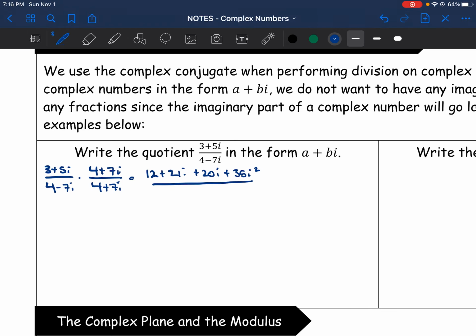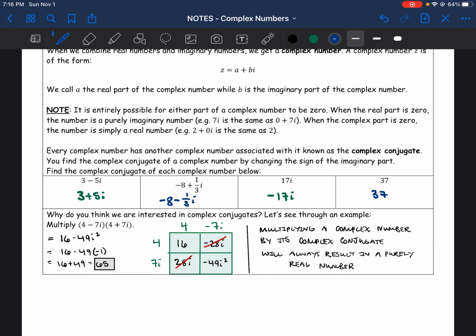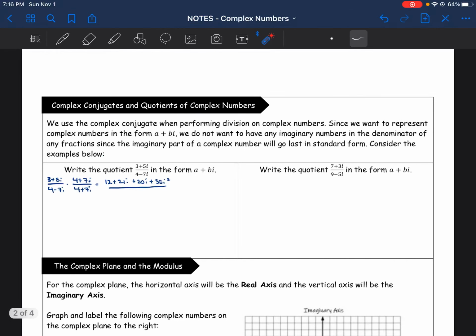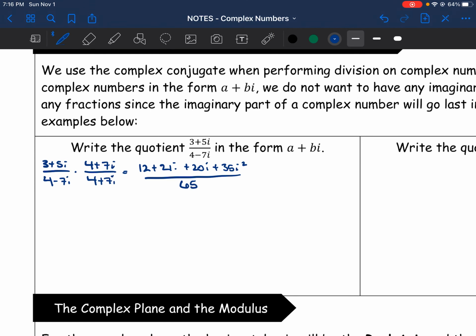In the denominator, we actually did this example on the first page of our notes. We did 4 minus 7i times 4 plus 7i, and we ended up getting 65. So just to cut down on a little bit of our work, we know this will be 65. All right, starting to reduce. We know i to the second power is -1. -1 times 35 is just -35.